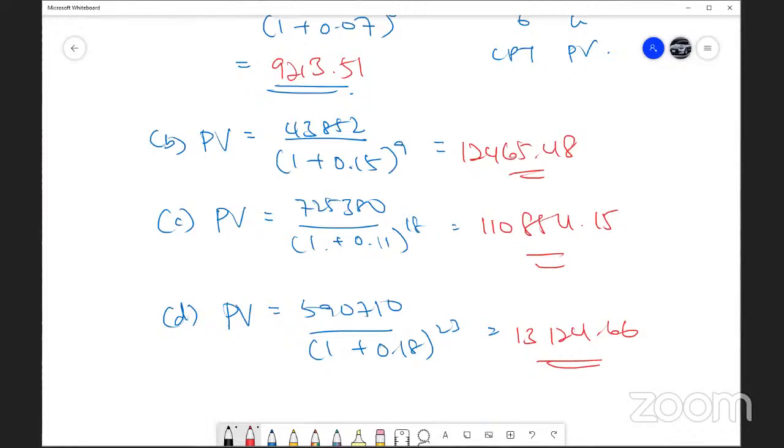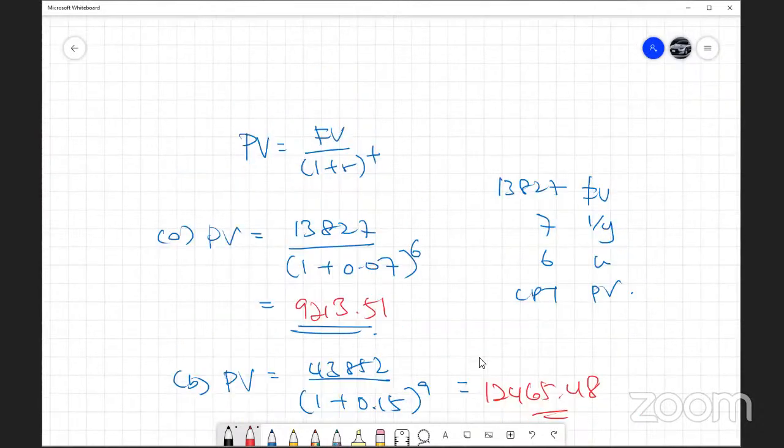Okay. So we already find PV, we find FV. The next two questions, one going to find interest rate for sure, and lastly going to find your years. So now question number 4, we find interest rate first. So the formula for interest rate again changes a bit, it's different.